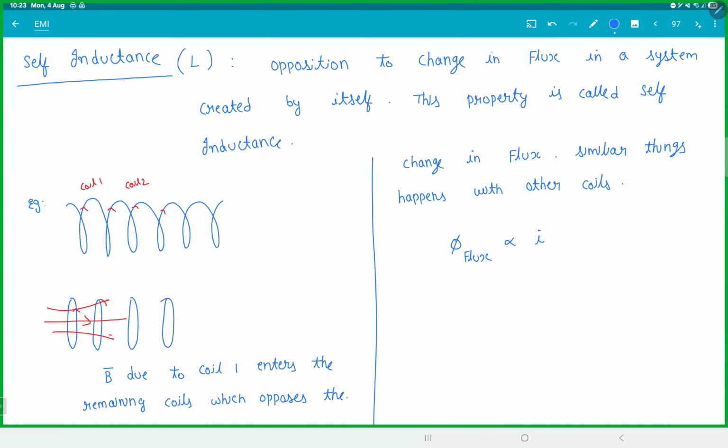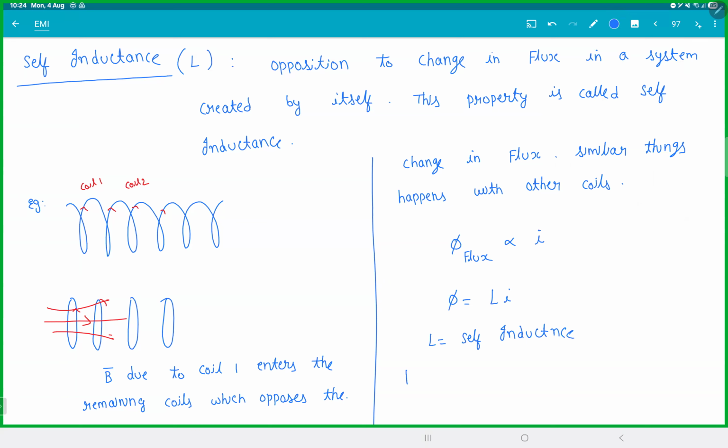Right. So this flux is proportional to the current. So the more current you send, the more flux you get. The proportionality constant is given by L. This L is called self-inductance. So what is the physical significance of this?